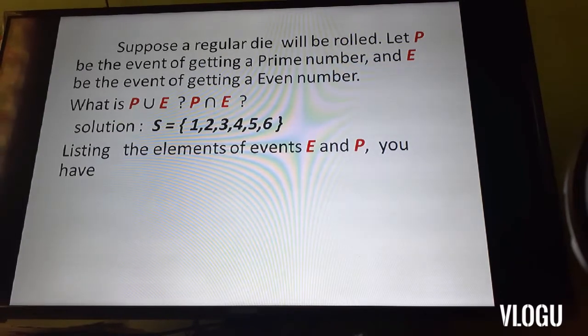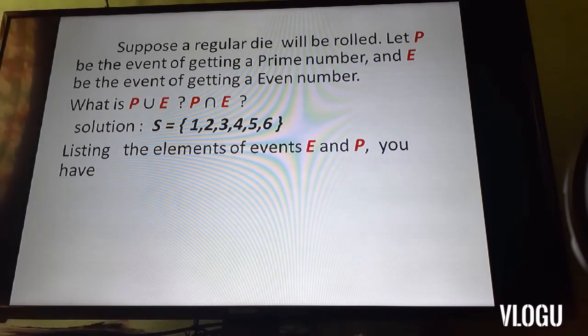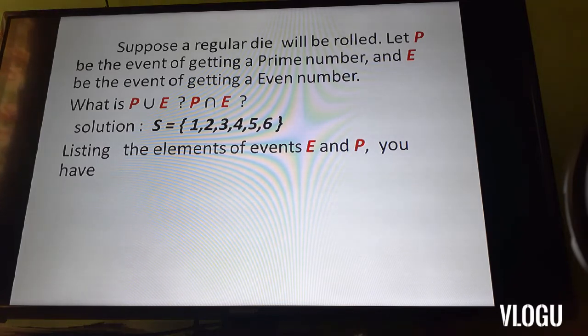Now, to find their intersection and union, we first have to list all the possible outcomes of event E and event P, which represent the even numbers and the prime numbers.